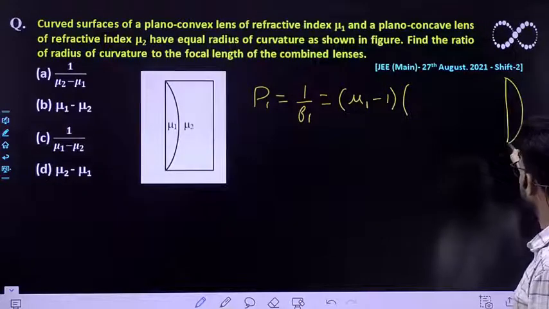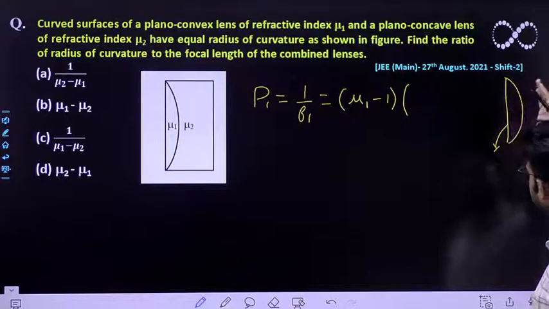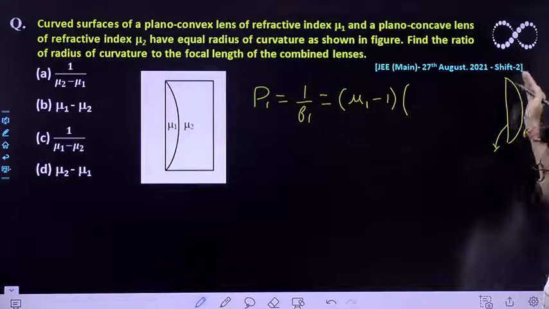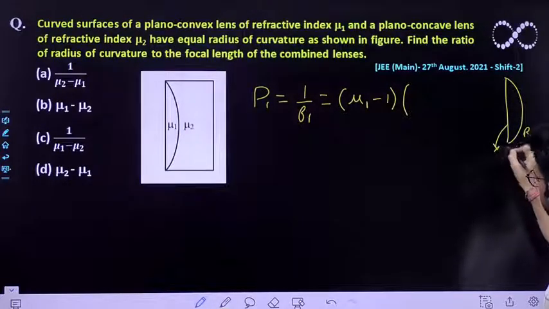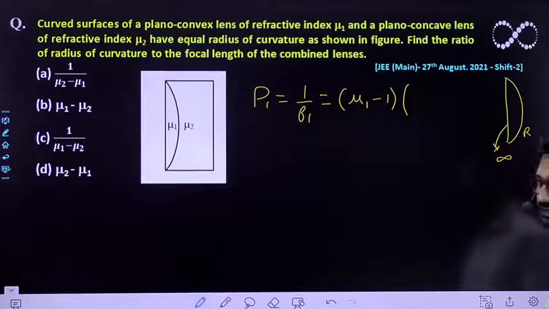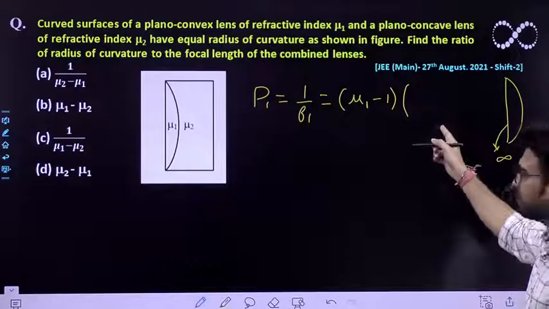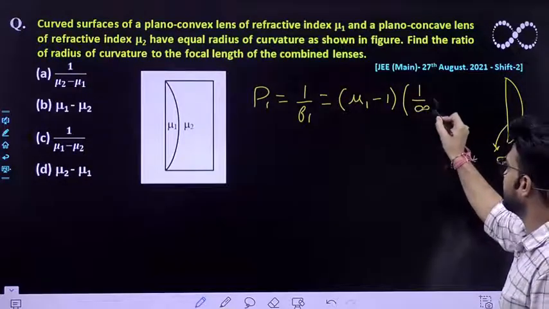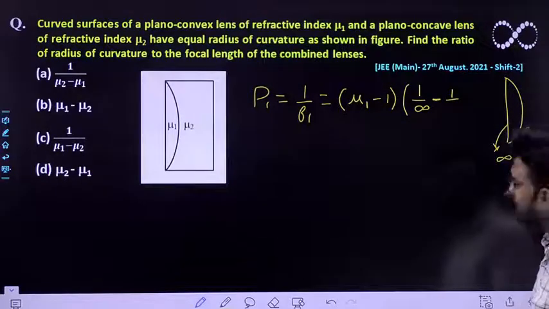For this lens, it is plano-convex, and the radius of curvature of this curved surface, let it be r, and the radius of curvature of this plane surface is infinite. So if I put in the relationship 1 upon r1 minus 1 upon r2, I'll be getting 1 upon infinity minus 1 upon r2.